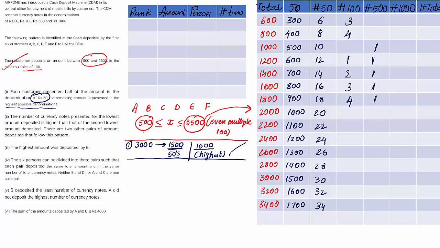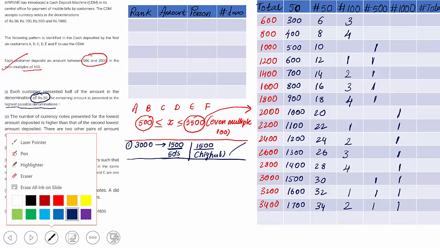Similarly, I have 1000 rupees which can directly be accommodated with a 1000 denomination, and 1100 can be 1000 and 100, 1200 can be 1000 and two 100s, 1300 can be 1000 and three 100s, 1400 can be 1000 and four 100s, 1500 can be one 1000 and one 500, and 1600 can be one 1000, one 500 and one 100. 1700 can be distributed as 1, 1 and 2. This is the distribution we finally have.